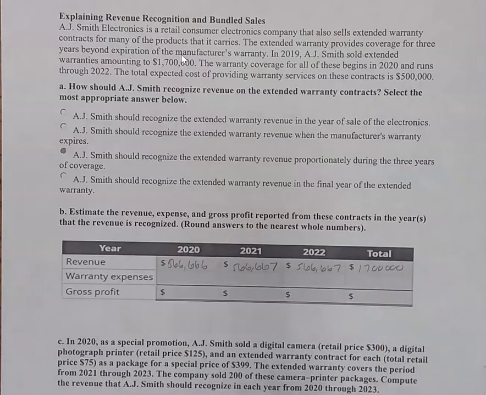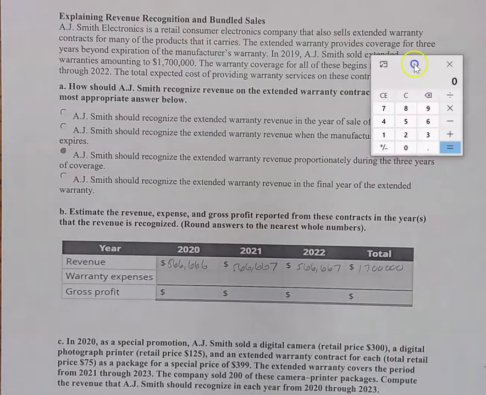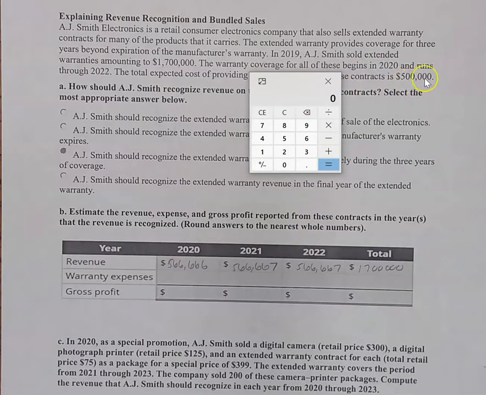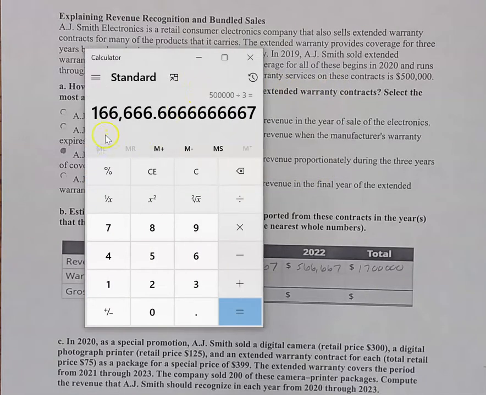Then the warranty expense for our exercise, we're going to do the exact same way. We set up this $500,000 liability immediately, but then how much of that do we expense? In the first year, none of it. But in 2020, 2021, and 2022, for our purposes, we're going to take that amount and divide by 3, and that's going to give us 166, 666.